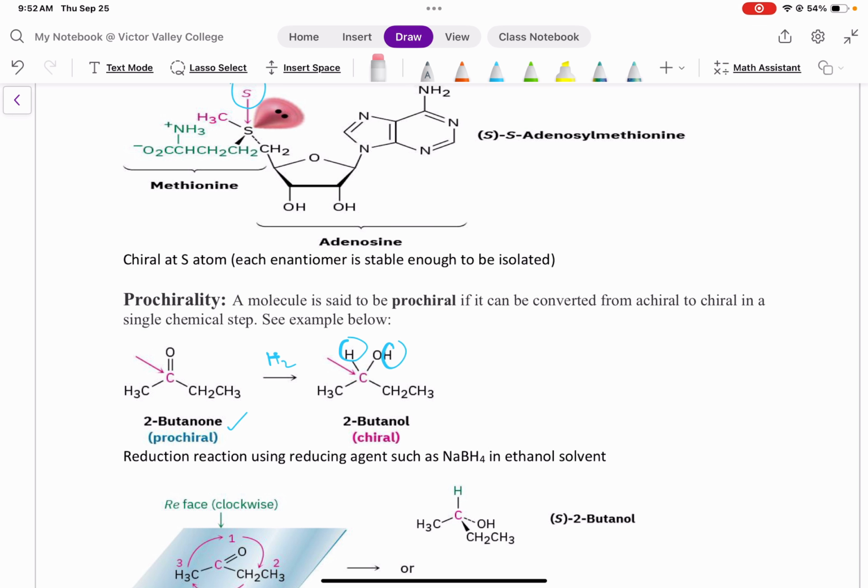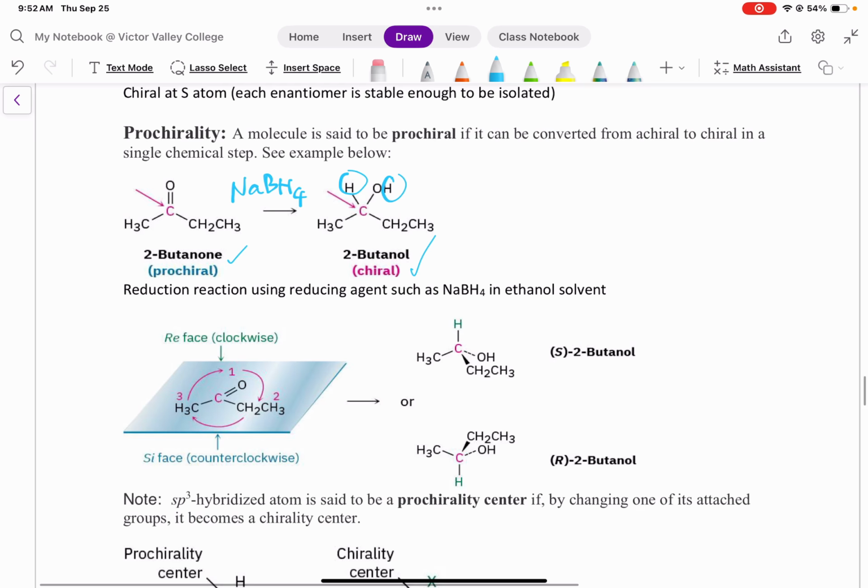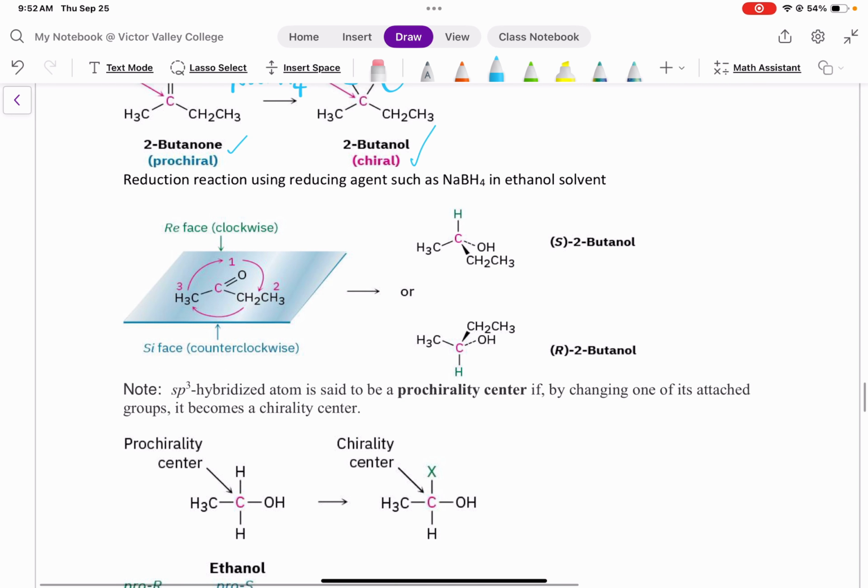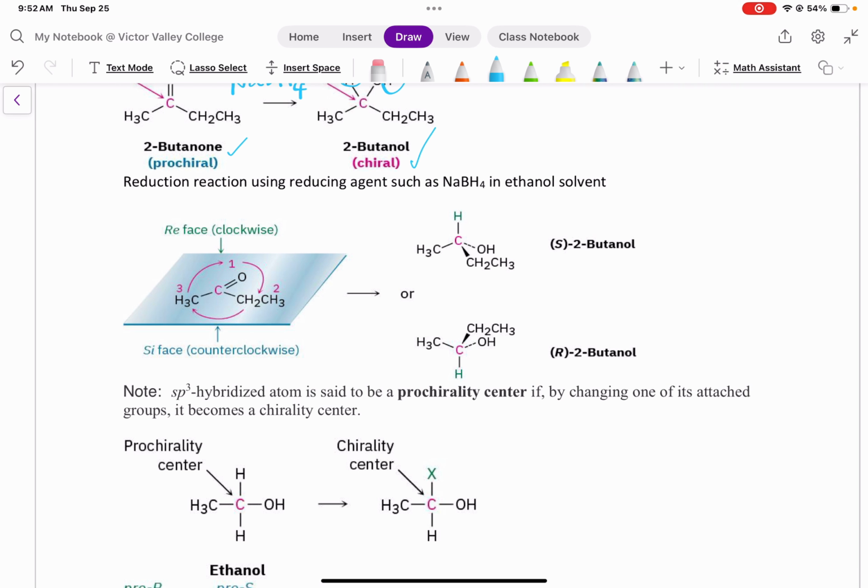I should say hydrogen in the form of hydride. Okay, and now you got that carbon chiral. It's a reducing agent. And when you do that, you can put the hydrogen on the top, or you can put the hydrogen on the bottom. That gives you two different enantiomers. Okay.